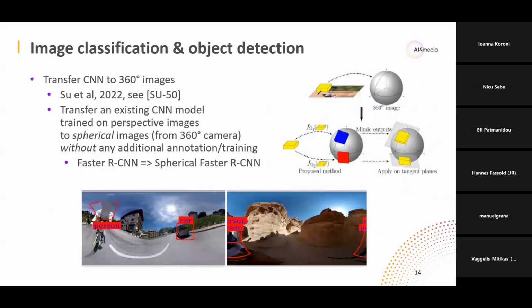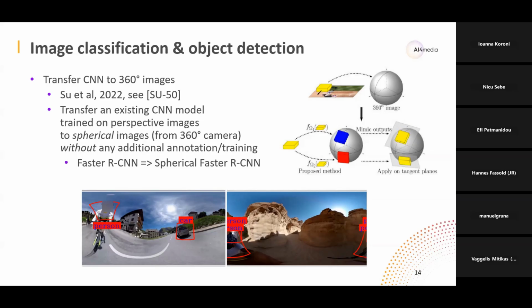All right, then a nice example in the field of object detection and image classification is how to transfer a CNN which has been learned on normal photos to these 360 images.